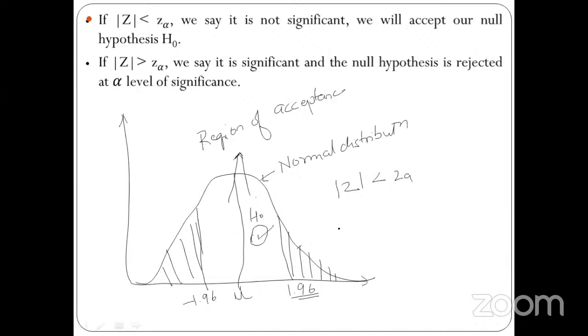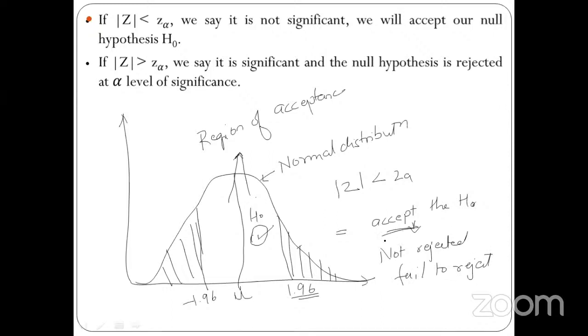I'll tell you one thing. When you are preparing for interviews, never use the words accept the null hypothesis. There is a universally accepted research paper which says it should be not rejected, or we fail to reject. We cannot use the word acceptance.